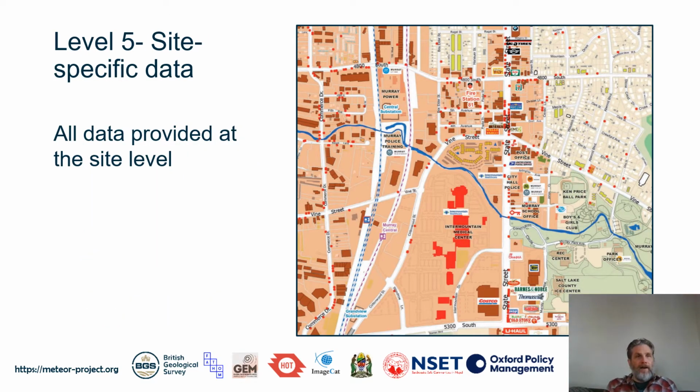Level 5, site-specific data. This is when all the data is provided at a site level. So this arguably is a building inventory, although it's not necessarily a building inventory for a risk assessment project.